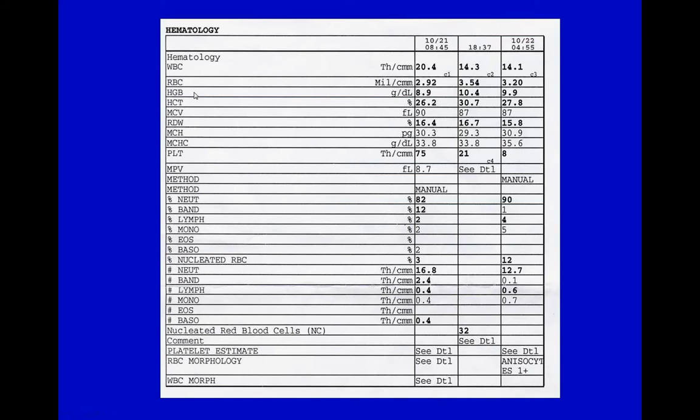Let's see if we can put together a story just based on the white blood cell count. We have an elevated white blood cell count. It is falling, but it's still elevated above its normal range. So is the person getting better?